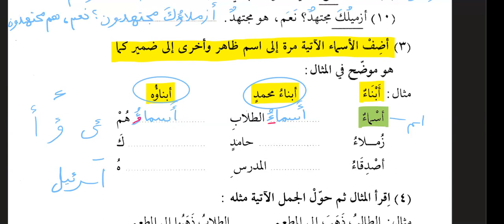So usually when the hamza takes a kasra, we write it on a ya, and when the hamza takes a dhamma, we write it on top of a waw, and when it has a fatha, we write it on top of an alif. And then it all depends on which haraka comes before it as well, and we'll do that in another lesson, in another book.